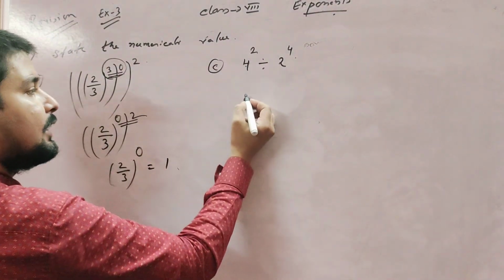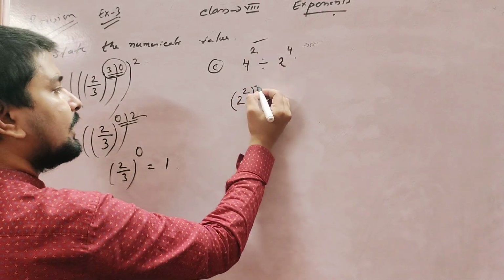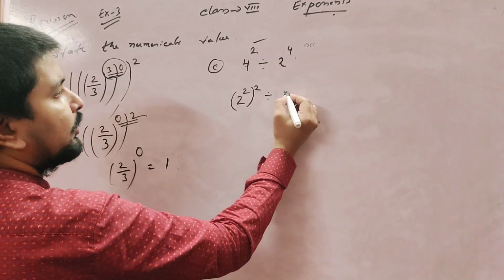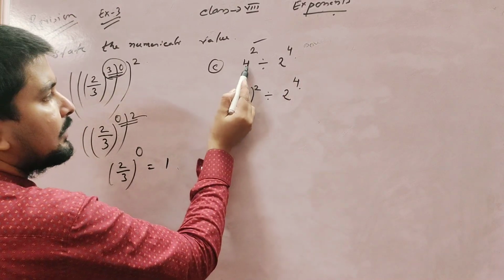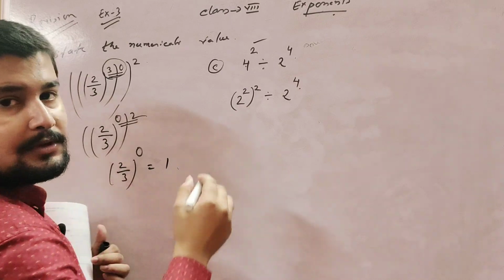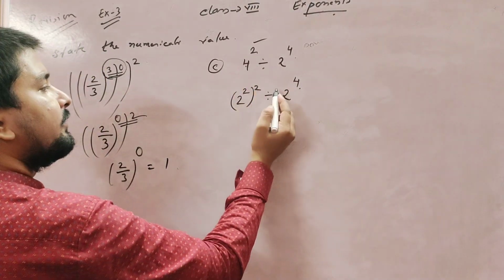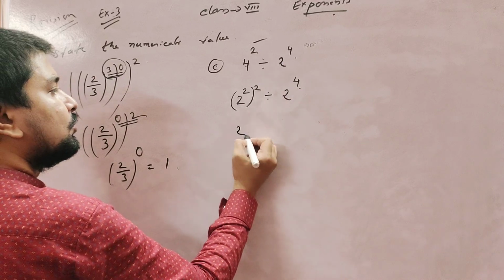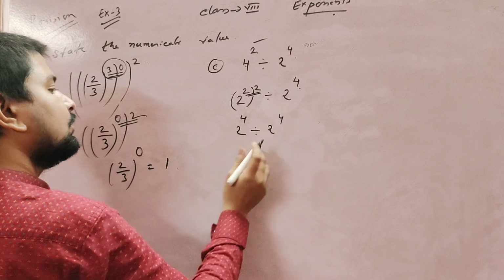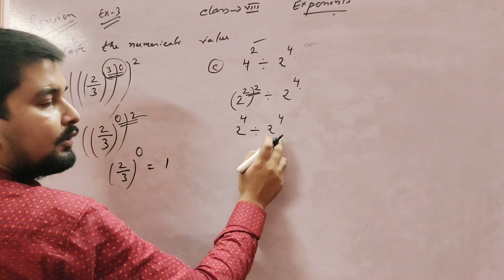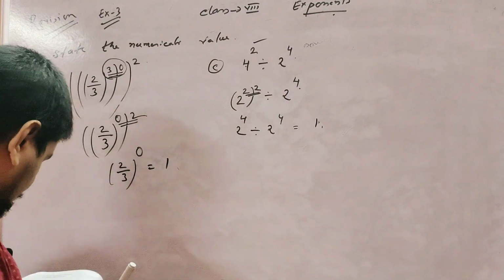In place of 4 we write 2 squared, because we know that 2 squared is 4, and this power 2 is kept here, divided by 2 to the power 4. So the powers get multiplied, 2 times 2 is 4, divided by 4. So 2 to the power 4 divided by 2 to the power 4 is equal to 1. Okay, note.